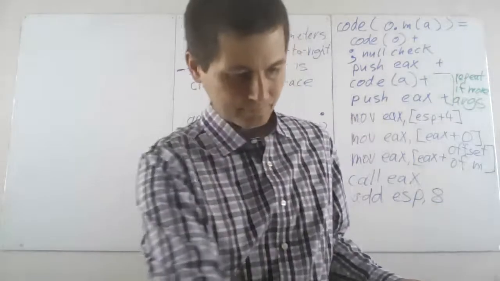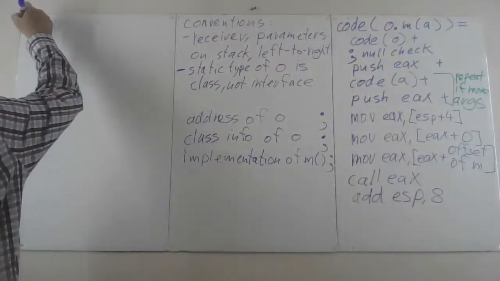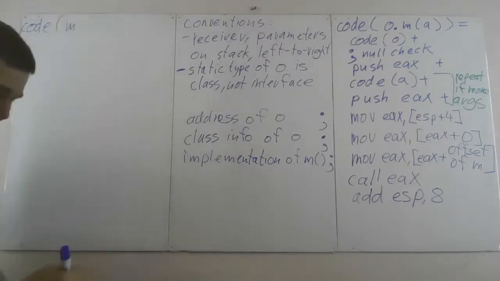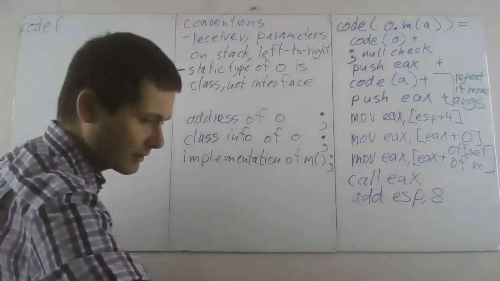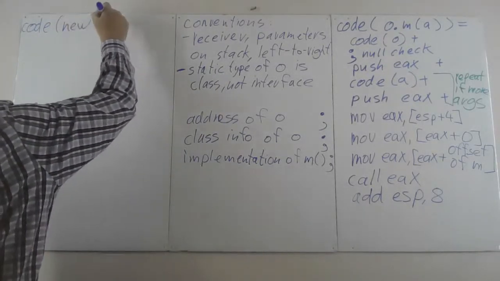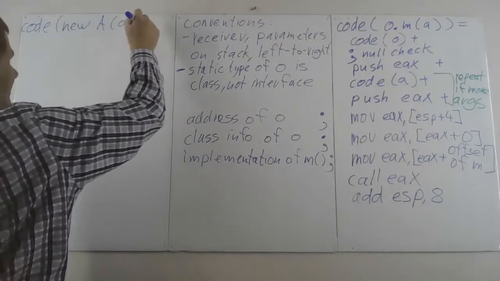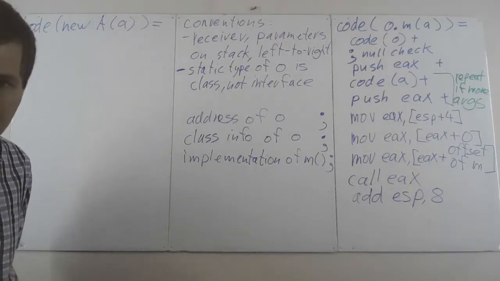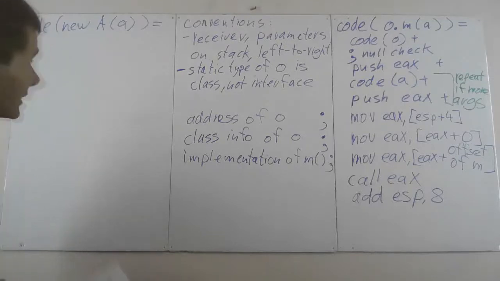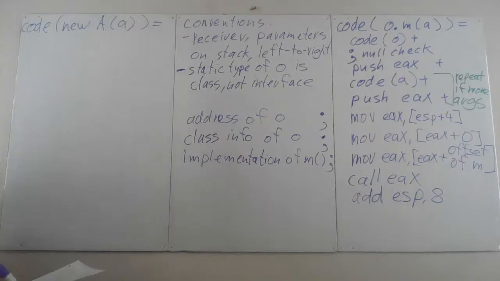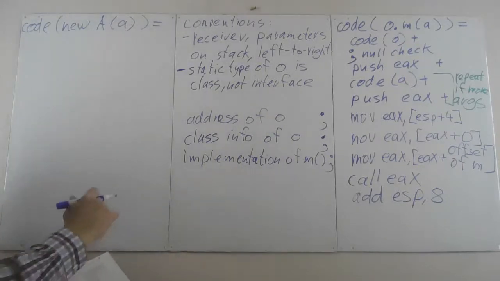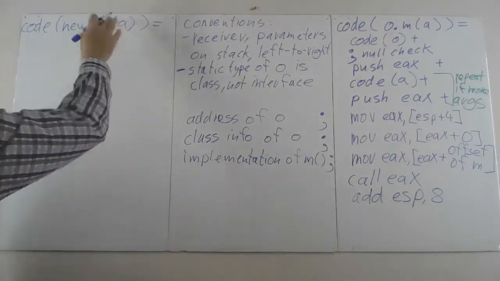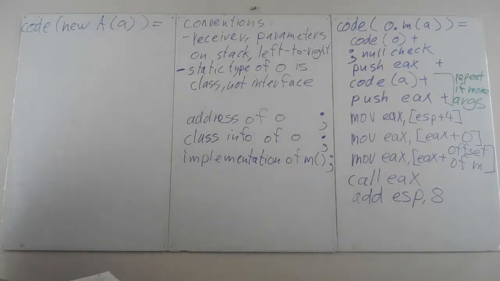This is something of the form, I have a new A. So I'm creating a new object of class A. The constructor of A takes some number of parameters, maybe 0, maybe 1, maybe more. For the sake of example, let's just say 1 parameter.